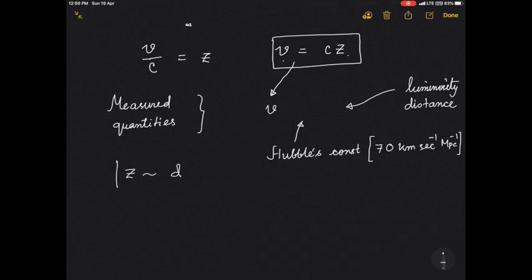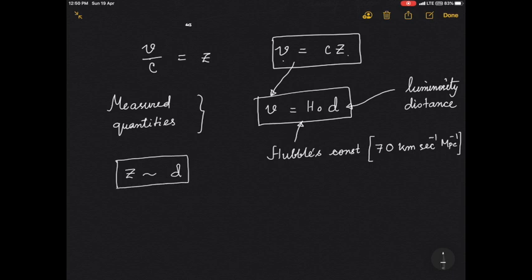The relation is v equals H naught times d. And the actual relation, if you remember, is z is proportional to d, just because v is the inferred velocity using this formula.